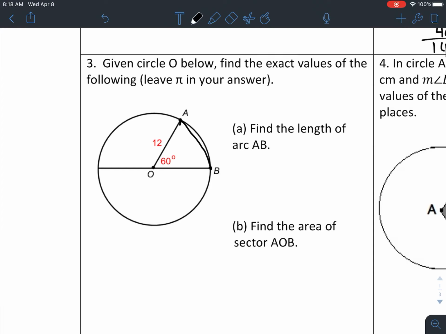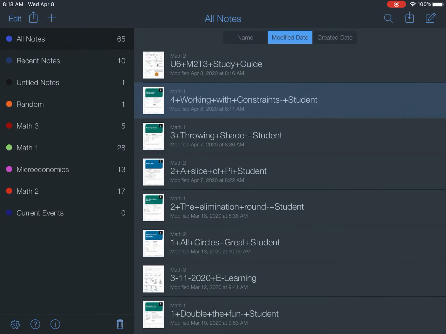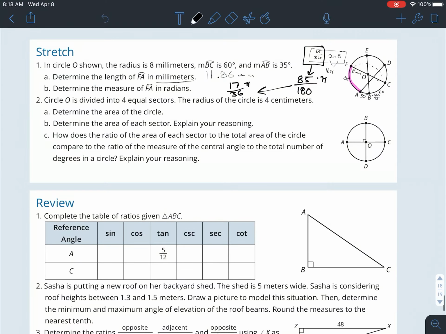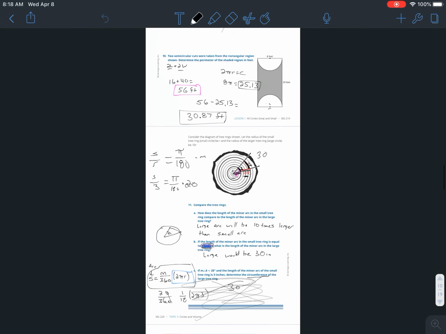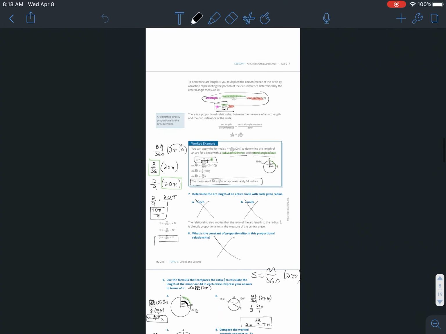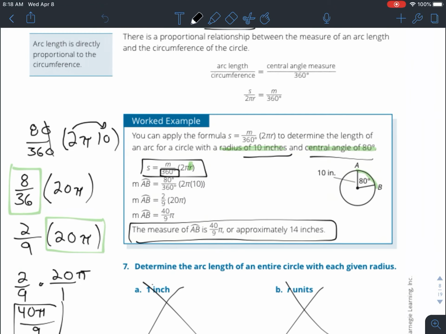Sorry guys, I'm just trying to refresh my brain so I can give you the right answer. How do we get that? Okay, I'm going to take a look on the notes here real quick, guys. There you go.